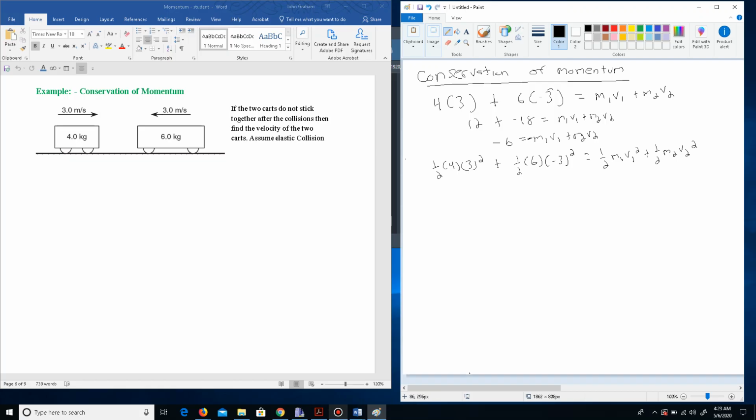So now we see 1/2 times 4 is 2, times 9 is 36, plus 3 times 9 is 27. Okay, just want to check my math there. And that's going to be equal to 1/2 times 4, which is times v1 squared, plus 1/2 times 6, which is v2 squared. So this is, let's see, something's off about that.